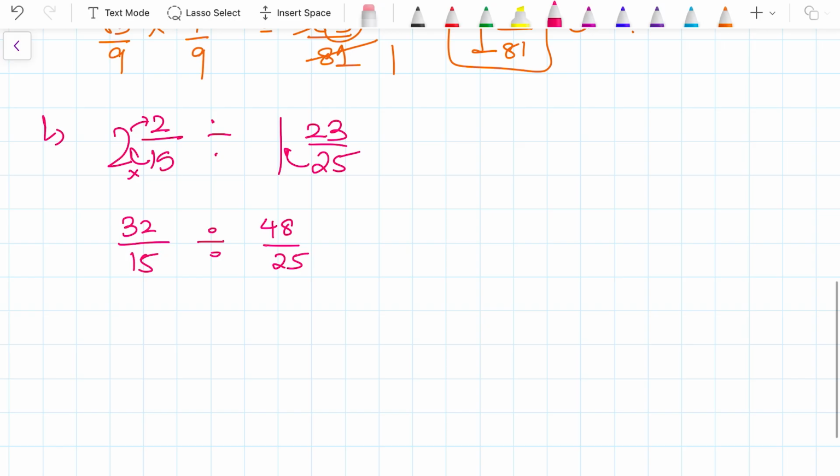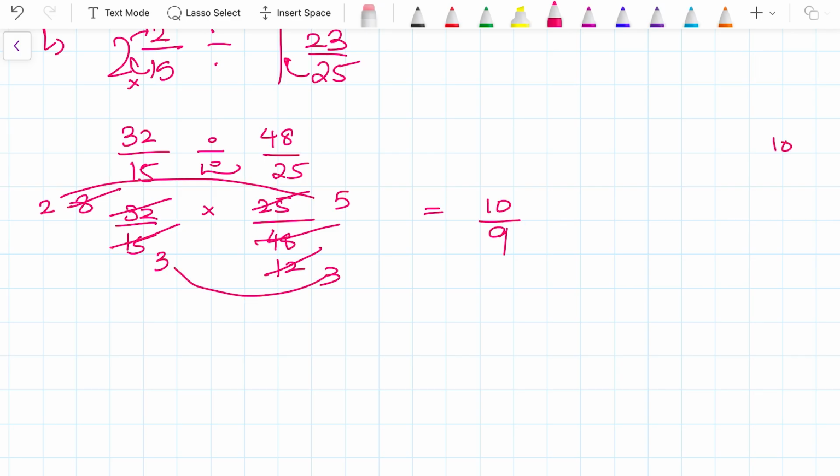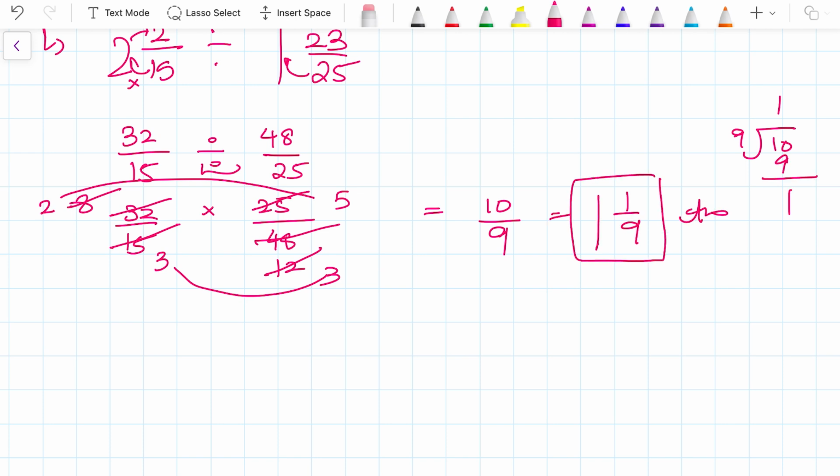Mental maths and tables need to be strong. 32 upon 15, convert this into a multiplication, 25 upon 48. 5 times 3, 5 times 5. 4 times 8, 4 times 12. 4 times 2, 4 times 3. 5 into 2 is 10. 3 into 3 is 9. Convert it into a mixed fraction. It becomes 1 whole 1 upon 9 as my answer.